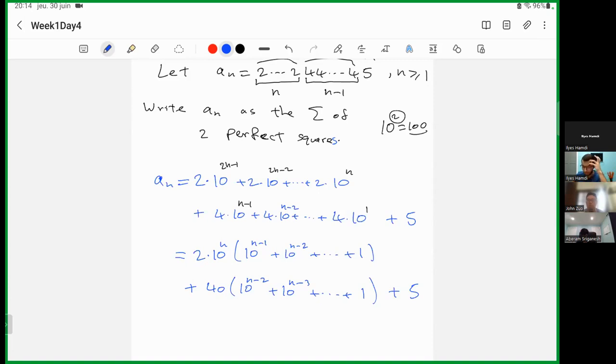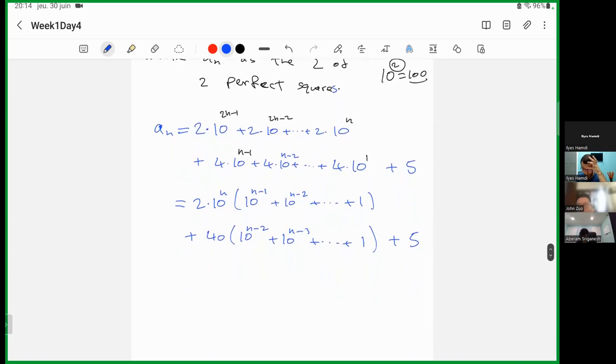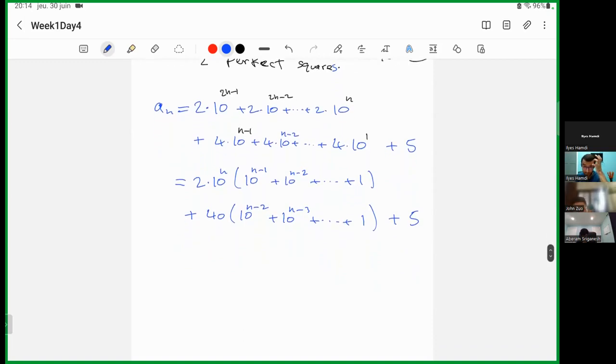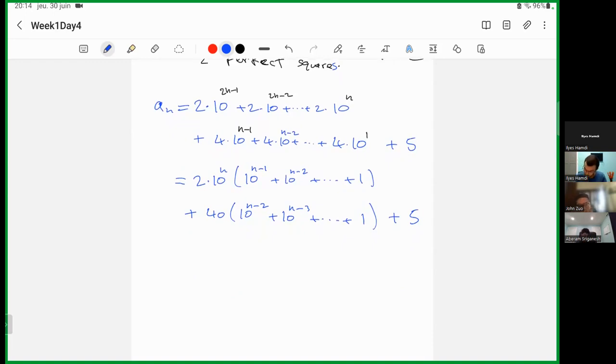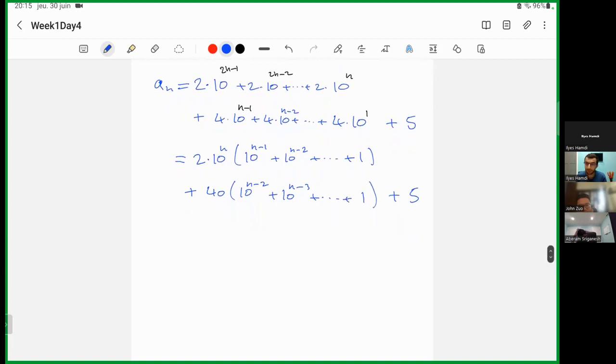It's a geometric sum. I'm not sure everybody knows what a geometric sum is, so maybe we need to say it very quickly. Can you guys tell me in the chat if you know what a geometric series is?